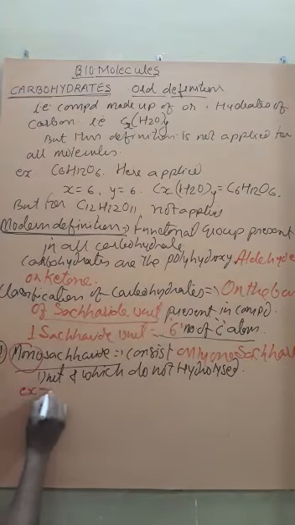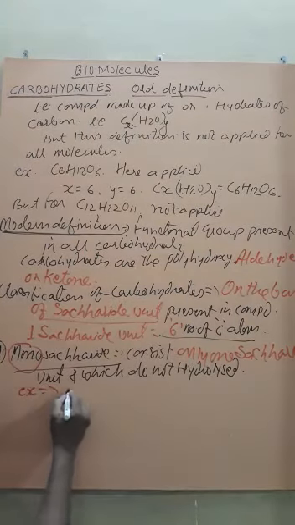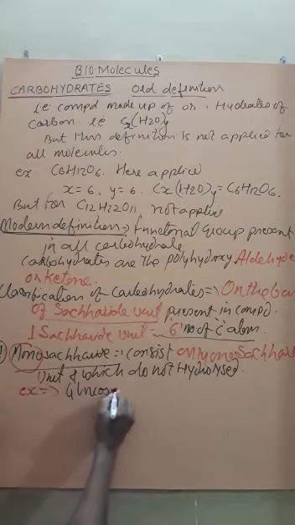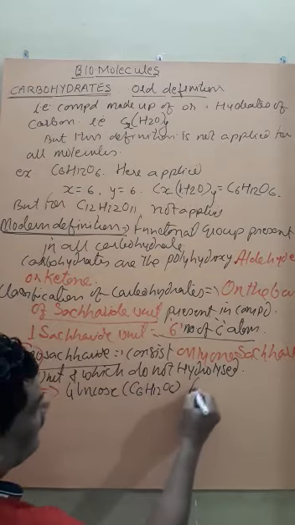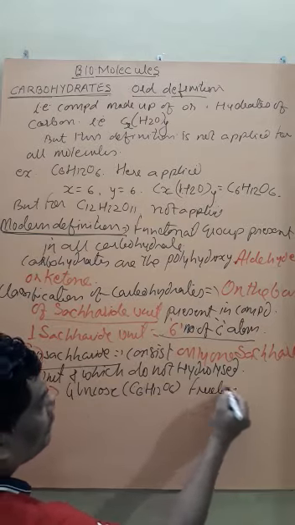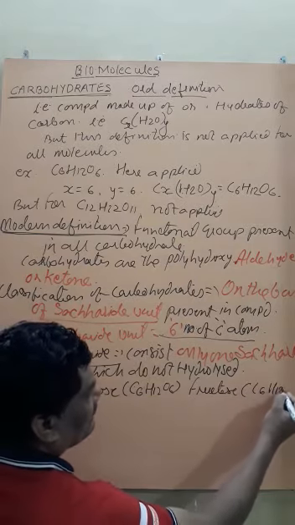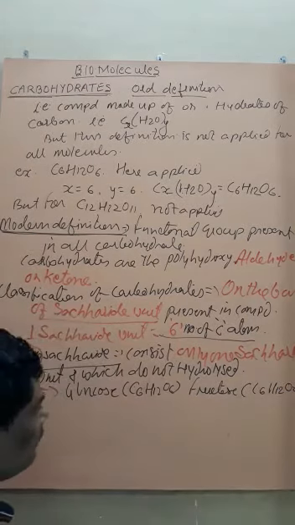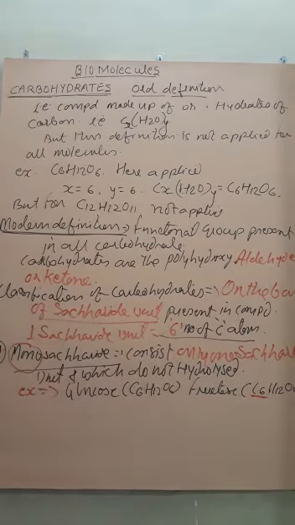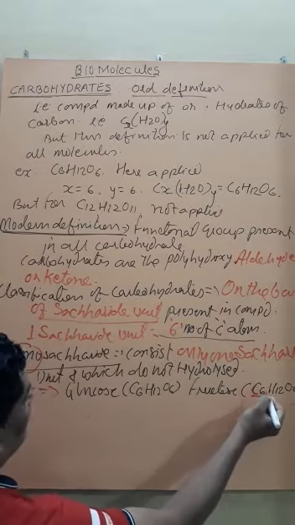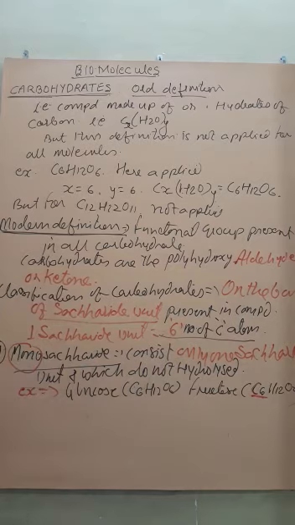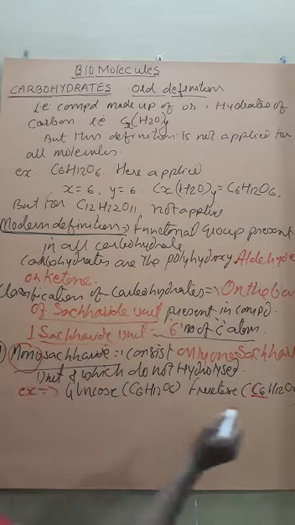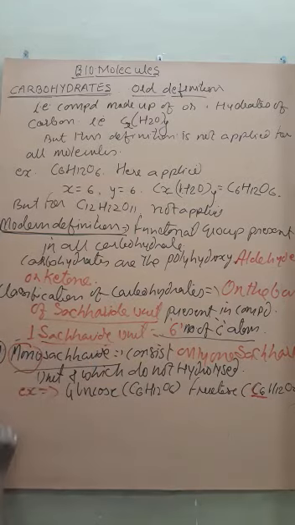Now, can you pick up the example? The example is glucose, and its formula is C6H12O6, and also fructose, whose formula is again C6H12O6. So how many carbons are there? Six carbons are there, and we know that a 6 carbon containing unit is called one saccharide unit. Only one saccharide unit is there, therefore they are monosaccharides.